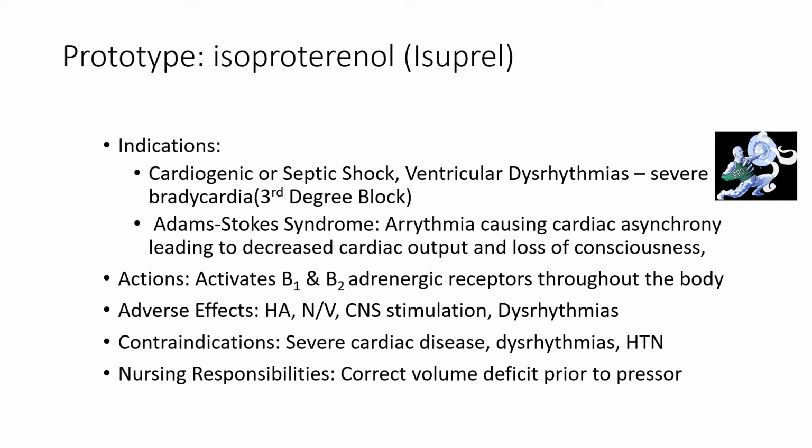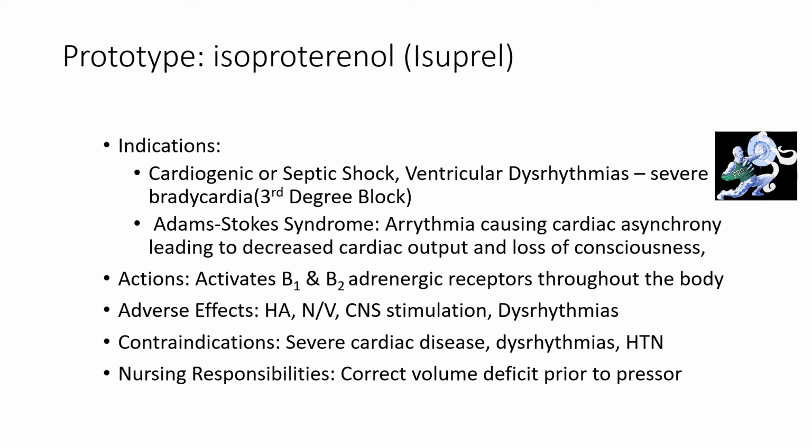Now remember, if the main action of the drug is to stimulate the heart to beat faster and harder, it's called an inotrope. If the main action is to vasoconstrict the periphery and raise blood pressure by clamping down all the blood vessels in all the different capillary beds, that would be called a vasopressor.